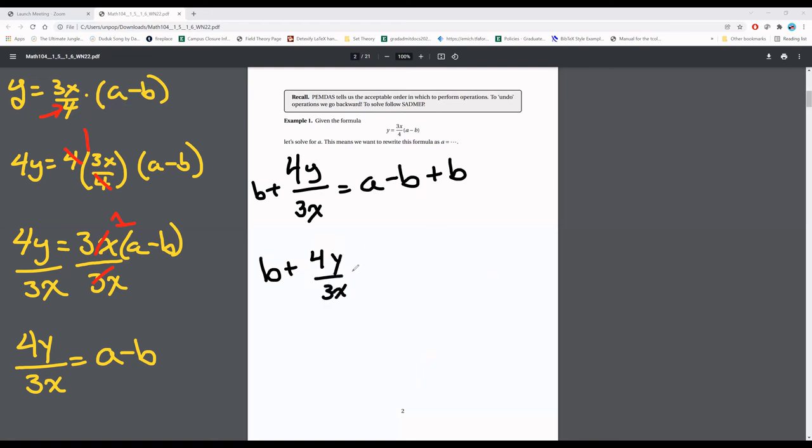Well, minus b plus b is 0, and anything plus 0 is just itself again. So I have a by itself and everything else on the other side, which is what I wanted. We can leave it like this. You can rewrite that in this direction as well if you prefer. Those are both correct. And I would accept either solution.